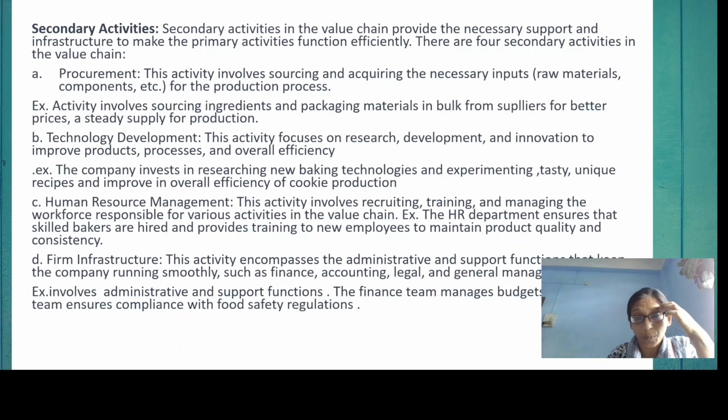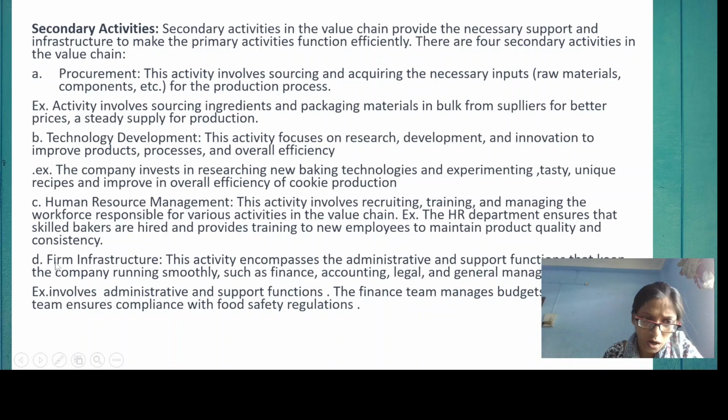So proper training, recruiting, and retaining those people are very important activities, which may not directly affect, but indirectly affect our production process.